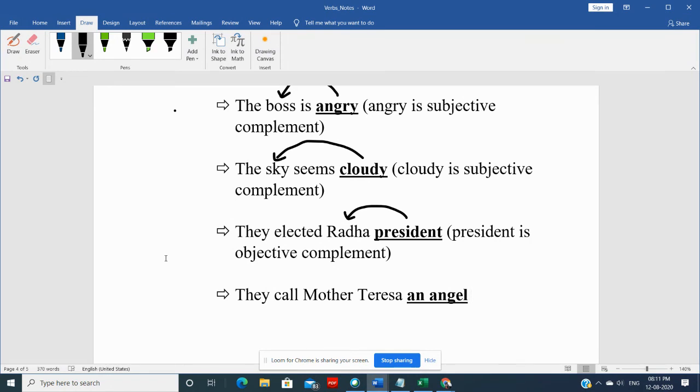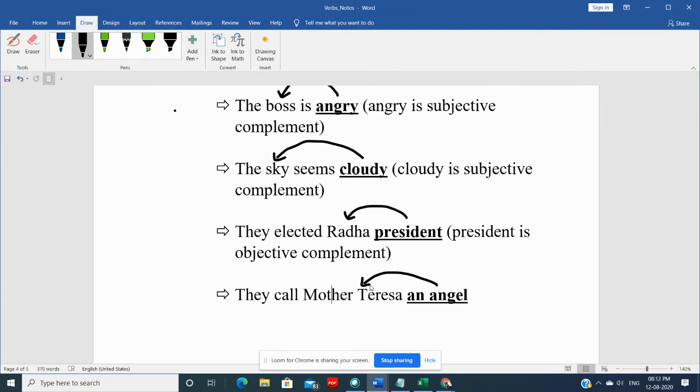So, an angel here tells us about Mother Teresa. Here, they call Mother Teresa. Who is the doer of the action? They. So they becomes the subject, and Mother Teresa becomes the object. Because the words an angel are used for Mother Teresa, and Mother Teresa is the object of the sentence, this is an objective complement.